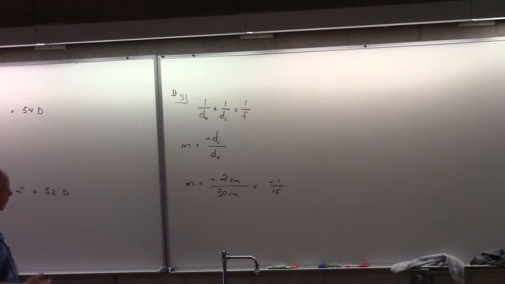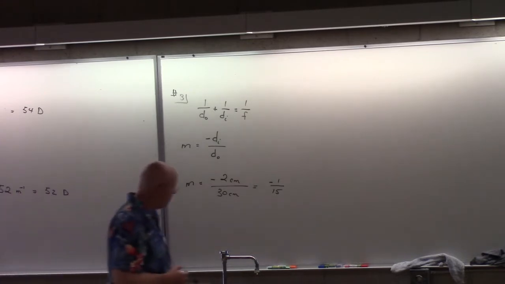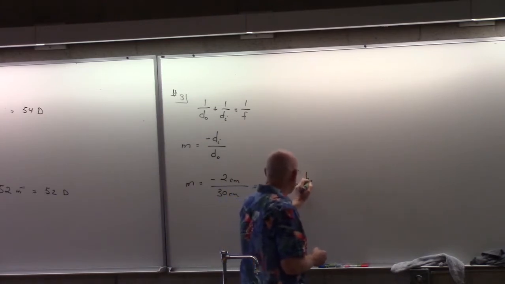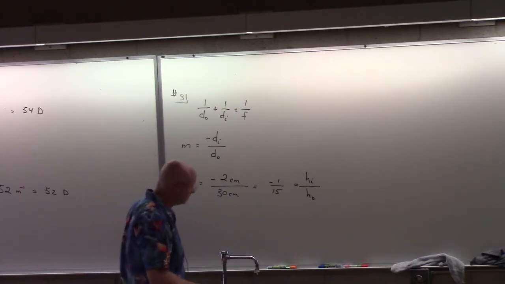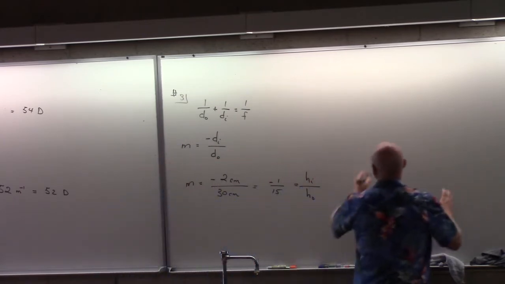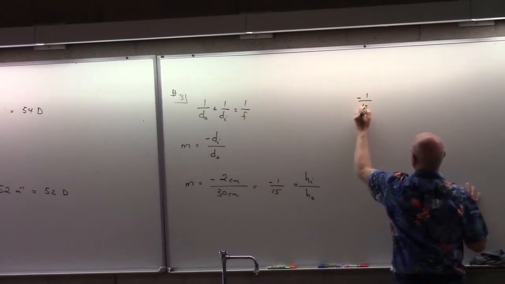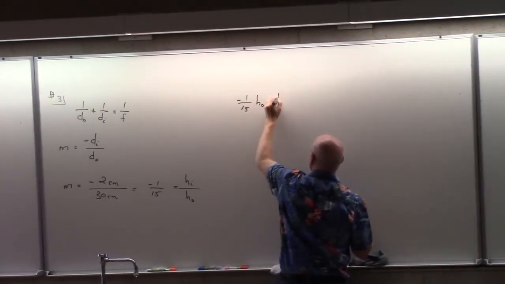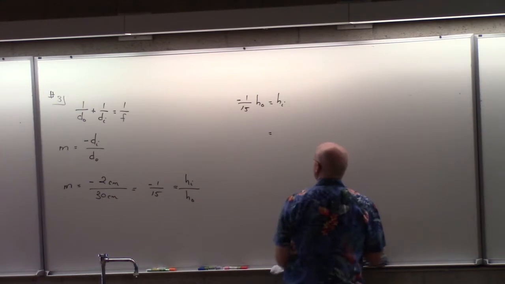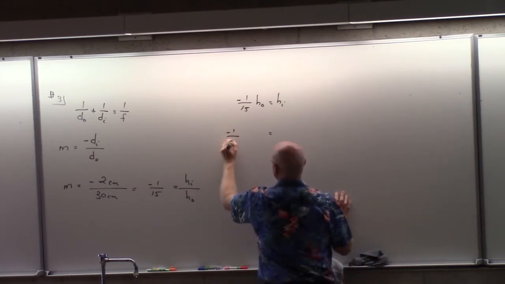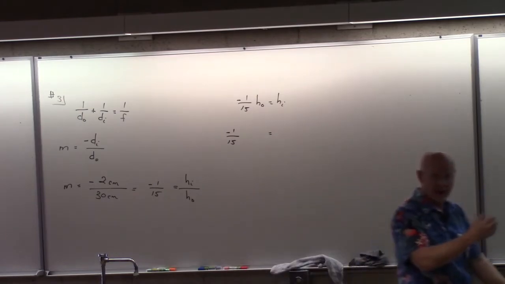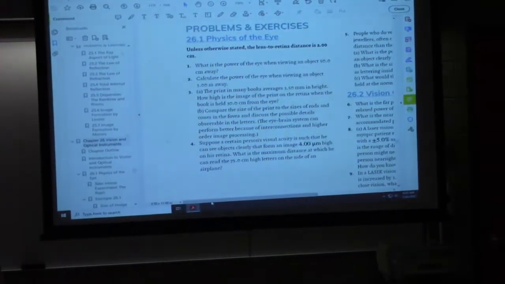But what I'll do then is use this to say that the magnification is the height of the image compared to the object. And so that means if I take negative 1/15 of the height of the object, I will now get the height of the image. All right, so negative 1/15, and then they say the height of the object. The letters have a size. They are 3.5 millimeters.